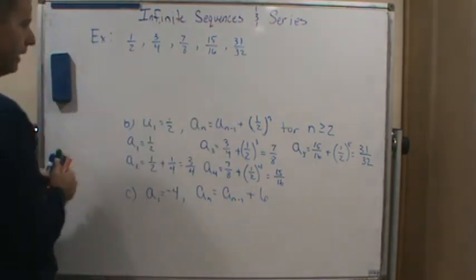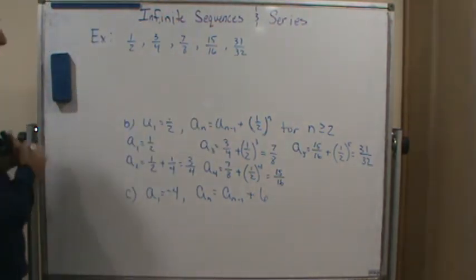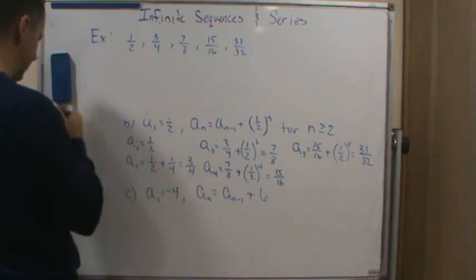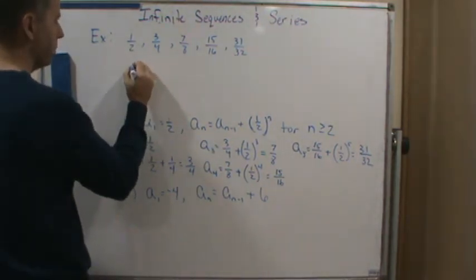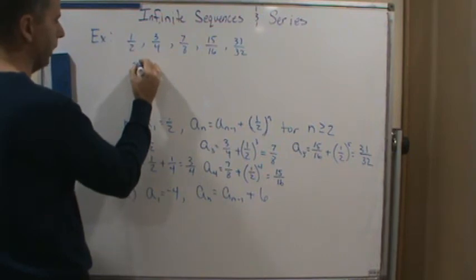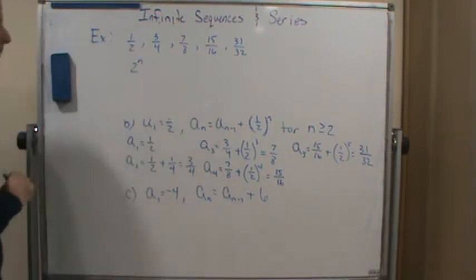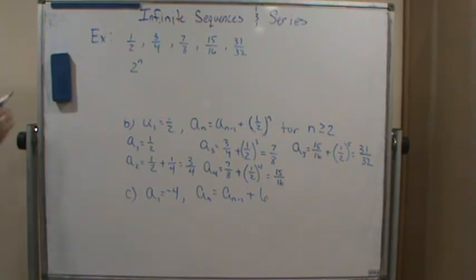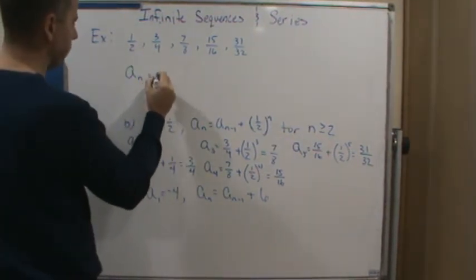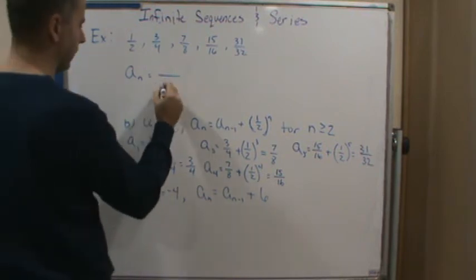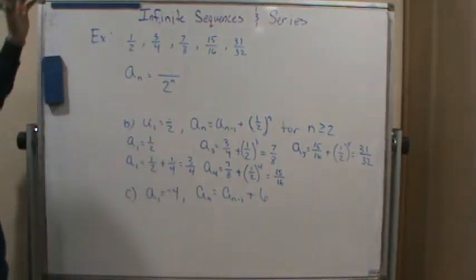It's doubling, right? So the bottom has the pattern of 2 to the nth power, right? So let's write that. Okay, so let's write a sub n, and we've got the bottom, which is going to be 2 to the nth power.